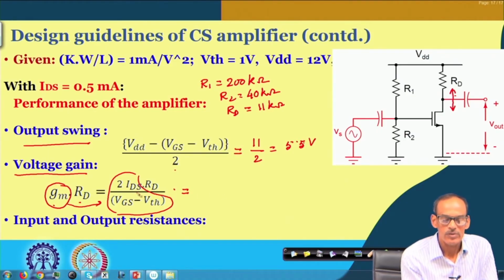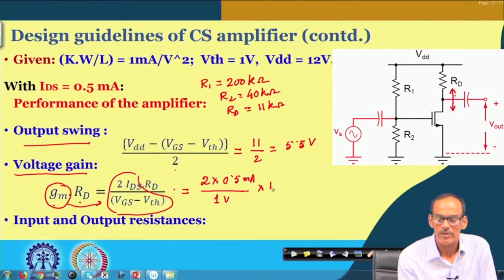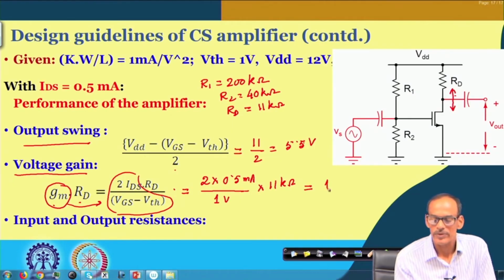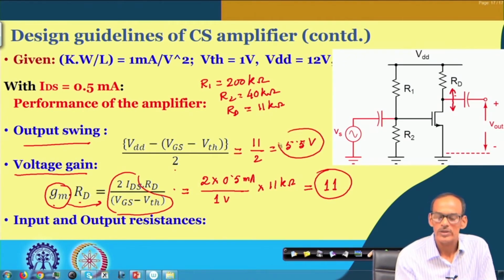So, in this design it is 2 into I D S is 0.5, and then V G S minus V T H is 1 volt, and of course, this is milliampere multiplied by 11 kilo ohm. So, that gives us the gain of 11.